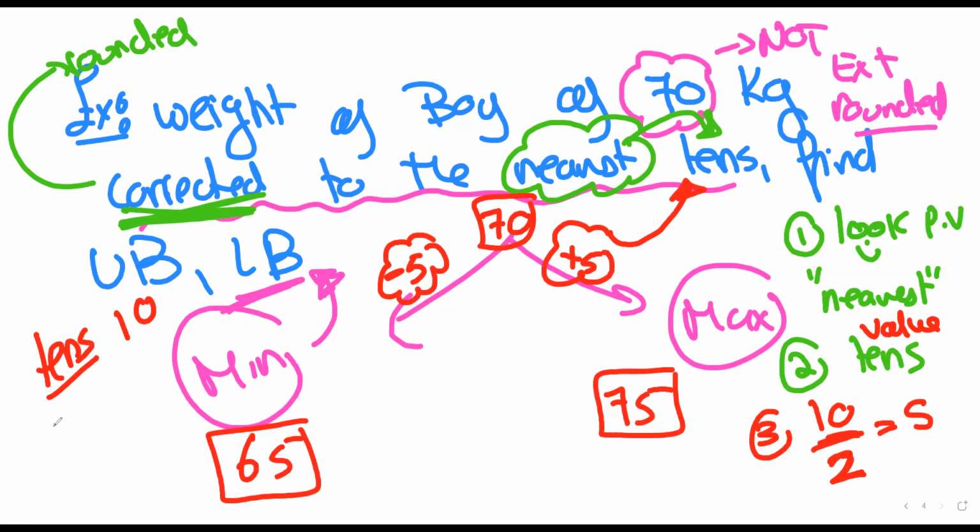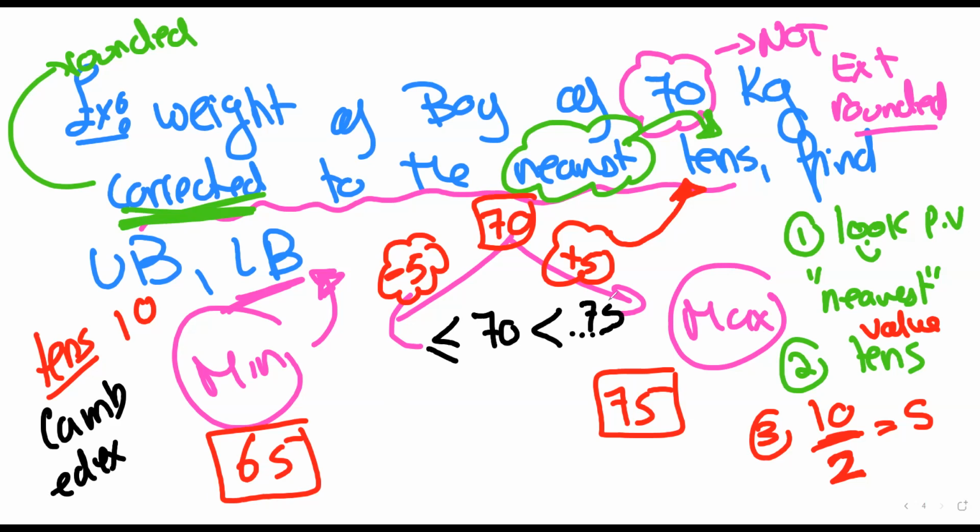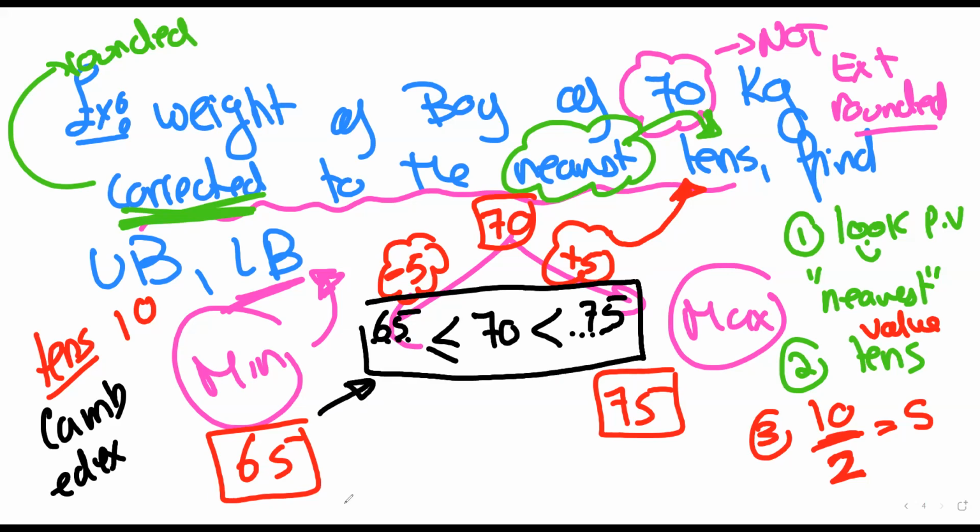عايزة أقول لكم بقى الفرق ما بين كامبريدج وإدكسل. كامبريدج بيطلب الإجابة إزاي؟ كامبريدج بيبقى تلاقيه حاططها inequality كده، وحاطط هنا less than وحاطط هنا greater than بالشكل ده. على اليمين هنكتب ال upper bound وعلى الشمال هنكتب ال lower bound كده. So let's understand this inequality.